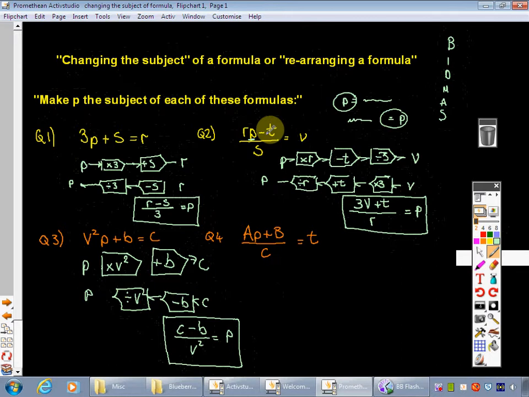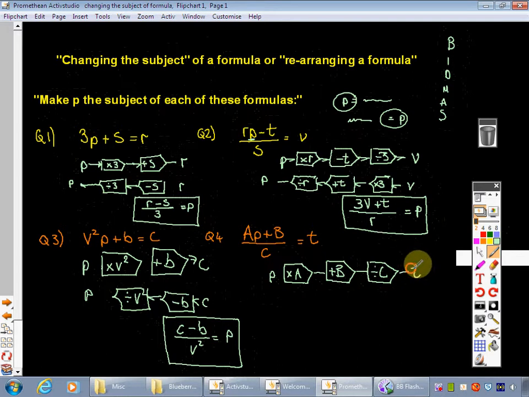Again, I start with my p. That was make p the subject, so there it is. P. First thing was times by an a. The next thing was to add the b. And then it was divide by the c. And that gave me t.